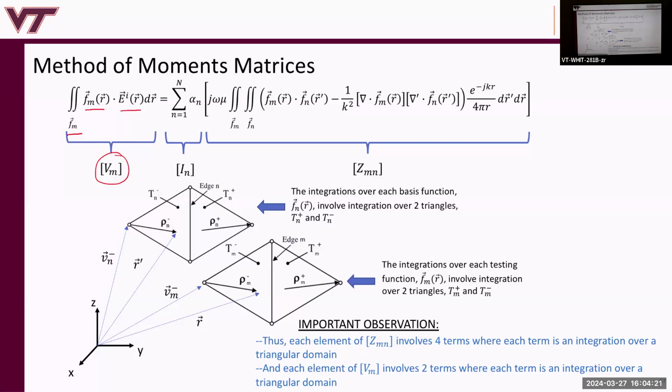Okay. And then we have our current coefficient vectors, which we will solve for. These are complex numbers. And then we have the impedance matrix. And the impedance matrix has two components or two parts. Here we have a linearly varying component, which describes current. This is sometimes called the vector potential part of it, right?